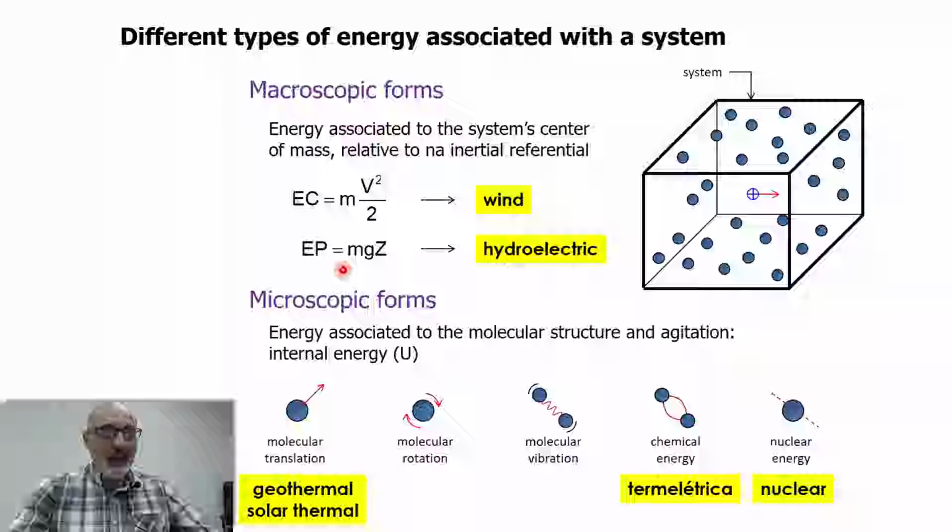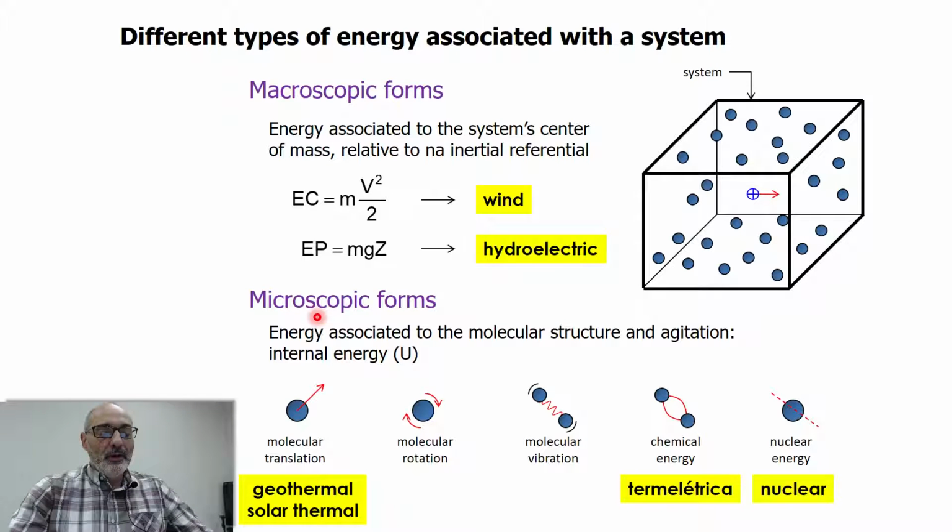Another thing that I mentioned last week is that there are different types of energy that we can classify in macroscopic and microscopic. Macroscopic forms of energy are related to the center of mass of the system. In that case, for instance, kinetic energy is more related to wind energy, and macroscopic potential energy is more related to hydroelectric power.